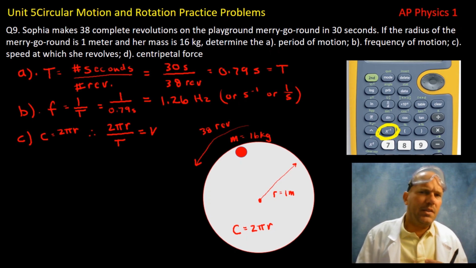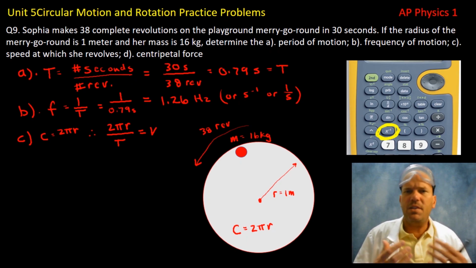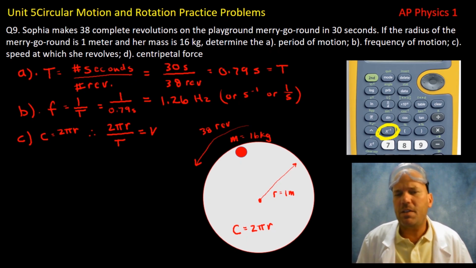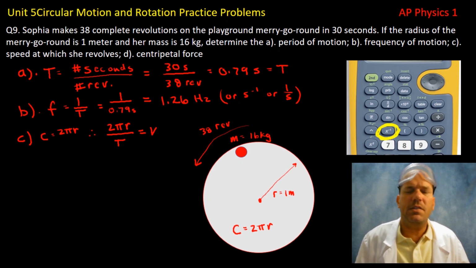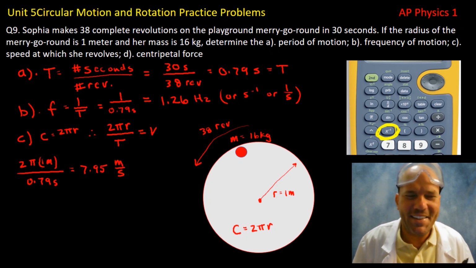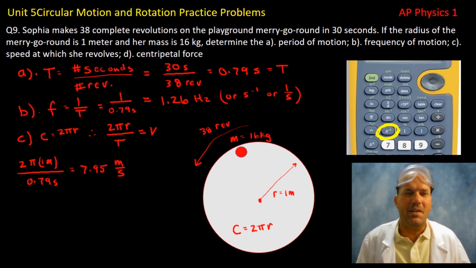Speed is the change in position over the change in time, distance divided by time. And we have everything we need to solve. In this case, we can find her speed to be 7.95 meters per second. She's really moving quite fast here.